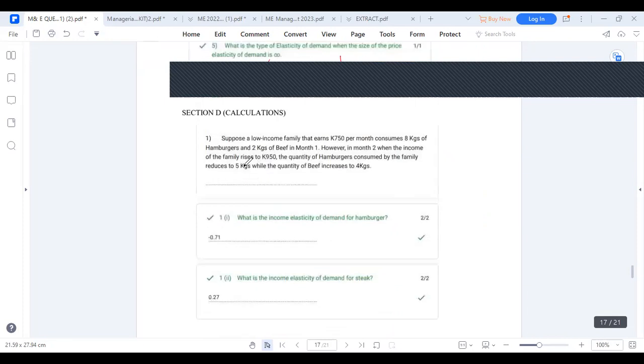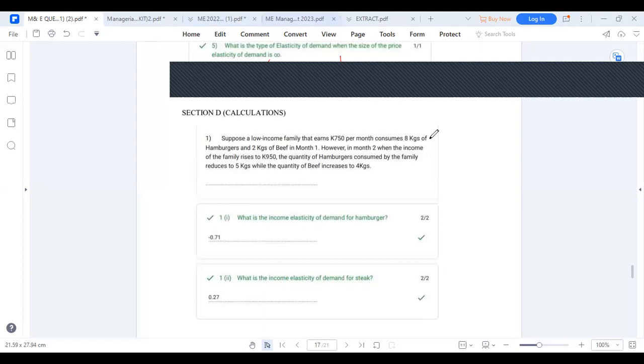So we have the following. A low-income consumer earns $750 per month and consumes 800 kgs of hamburgers and 2 kgs of beef in month 1. But in month 2, when the real income increases to $950, the hamburgers consumed reduces by 5. What is the income elasticity?